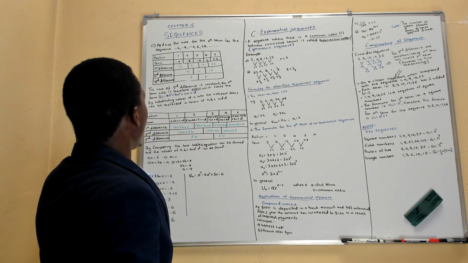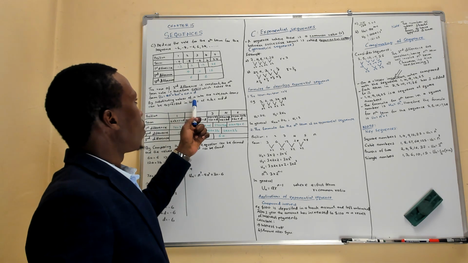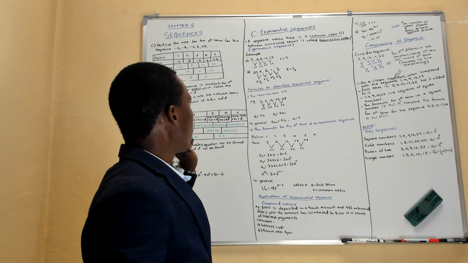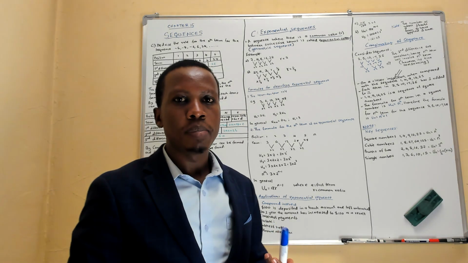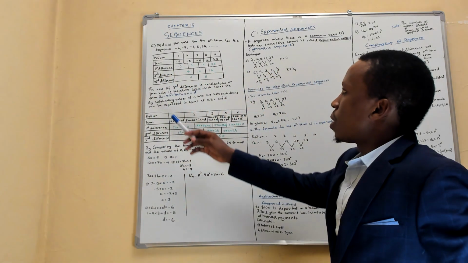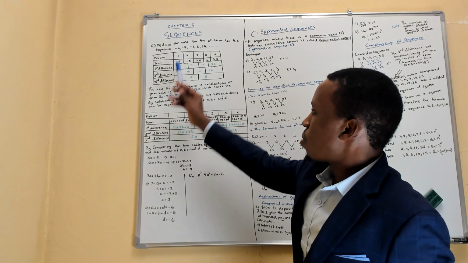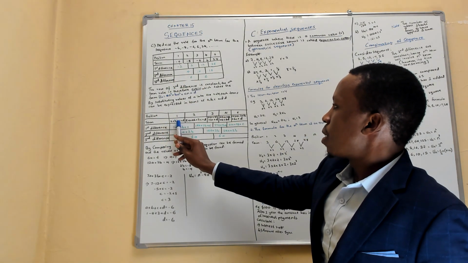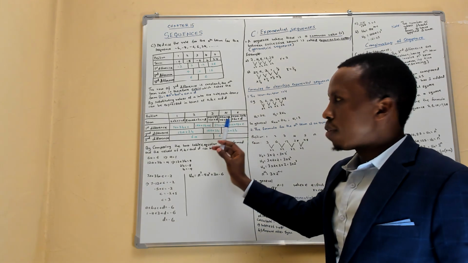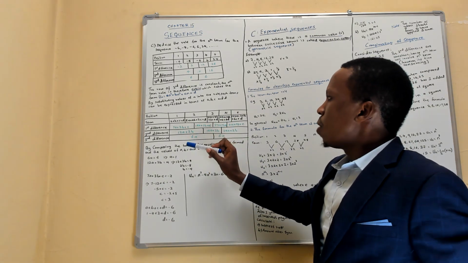Now, by substituting the values of n into the rule, each term can be expressed in terms of a, b, c, and d, up to the fifth term.